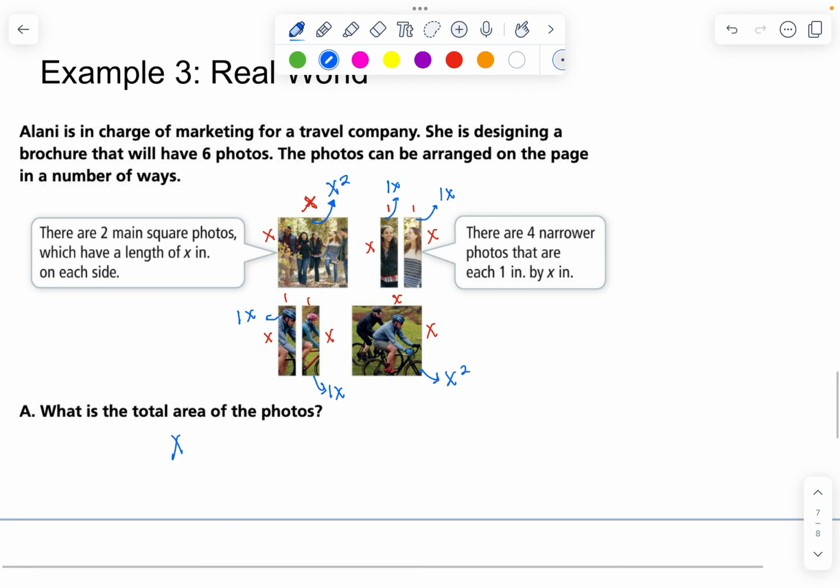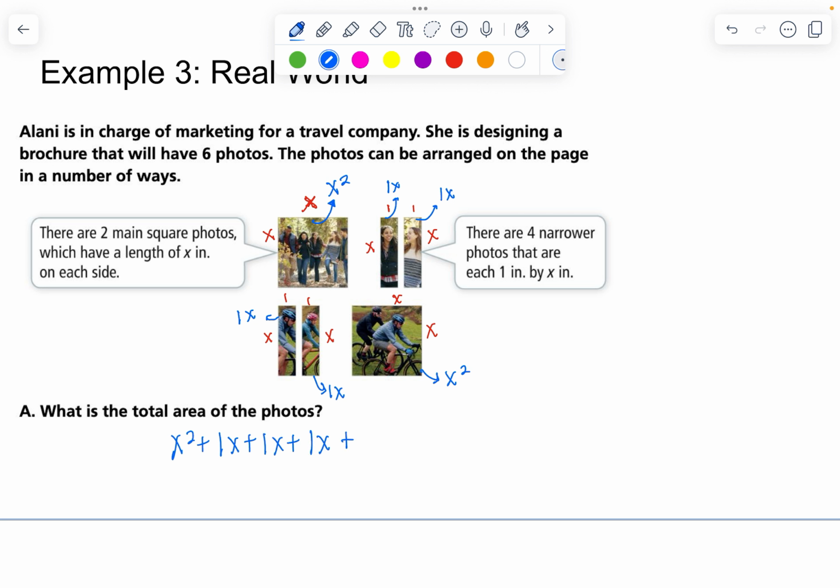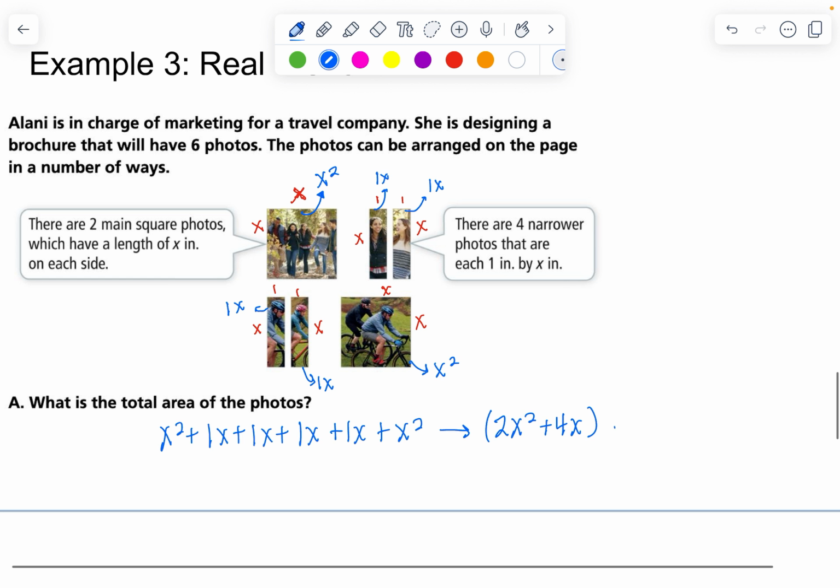So the total area, x squared plus 1x plus 1x plus 1x plus 1x plus x squared, gives me a total area of 2x squared plus 4x inches squared. We need to make sure to label.